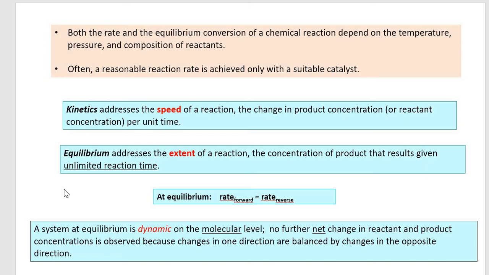Irreversible reactions can complete 100%, but a reversible reaction cannot complete. What is a reversible reaction? When the reaction starts, the reactant will decrease and the product will increase. That is known as the forward reaction.